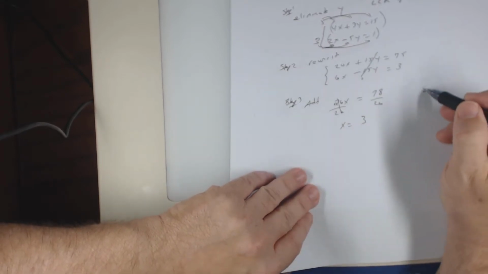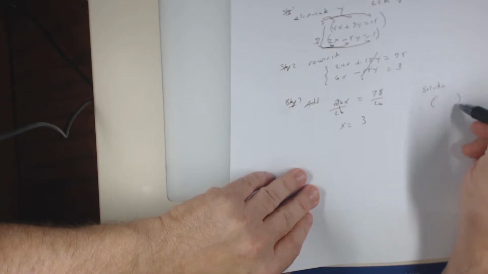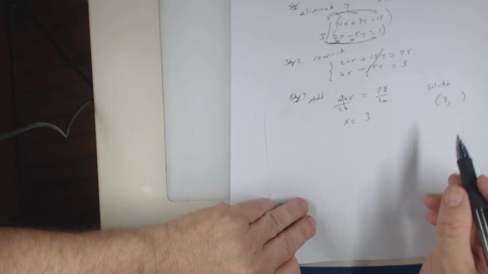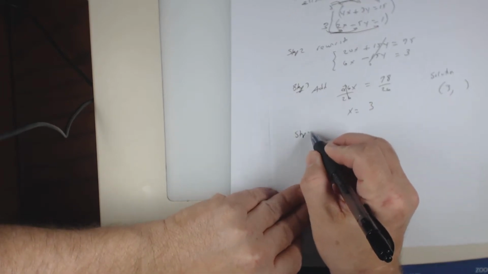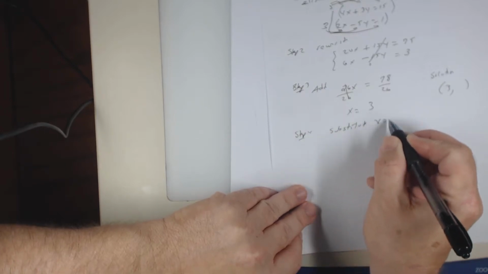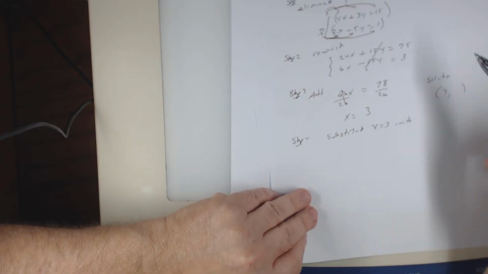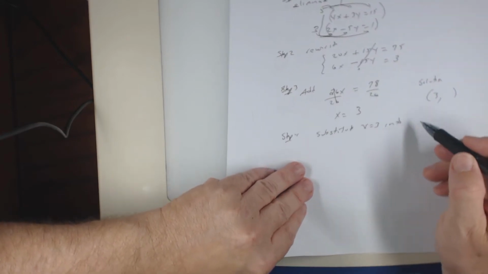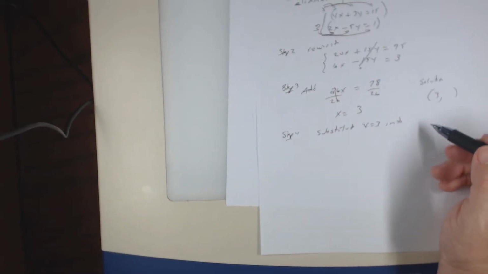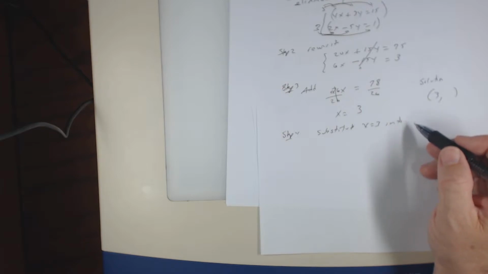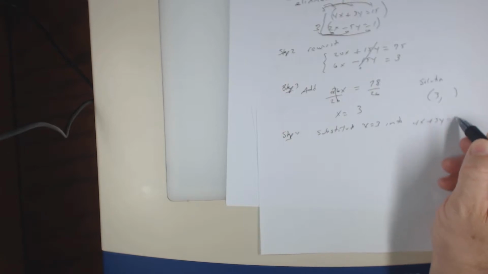All right. So far my solution is 3 comma something. Now I've got to find the other variable, y. So the next step is to substitute x equals 3 into one of these equations. Which one do you want to use? First one. So substitute x equals 3 into 4x plus 3y equal 15.